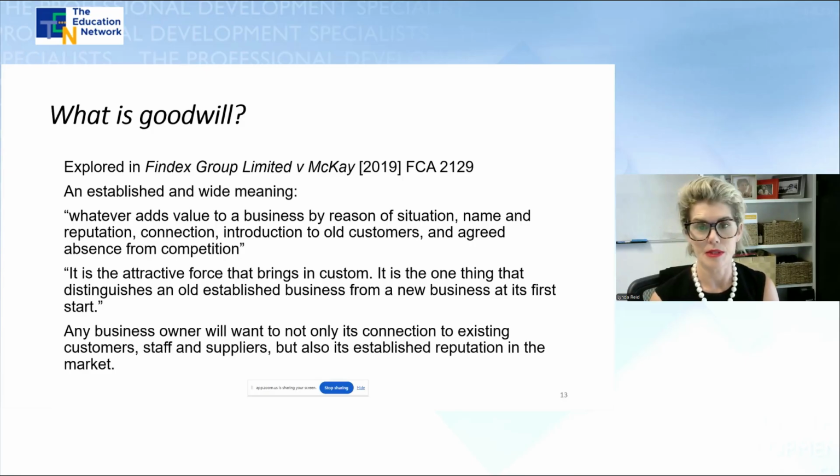The court held that the meaning of goodwill is established and it is wide: whatever adds value to a business by reason of situation, name, reputation, connection, introduction to old customers, and an agreed absence from competition. So it's the force that brings in your business. It's the custom, it's the revenue driver, it's the thing that distinguishes an established business from one that is just starting from scratch.